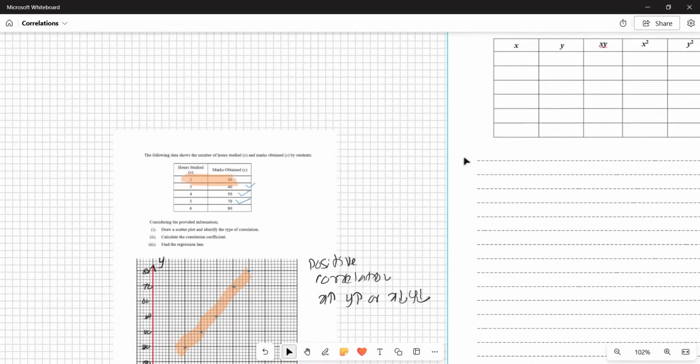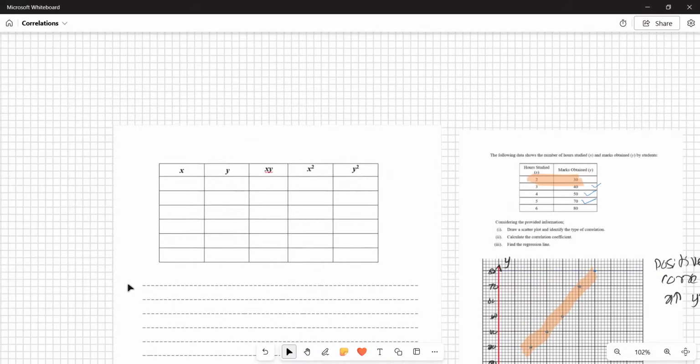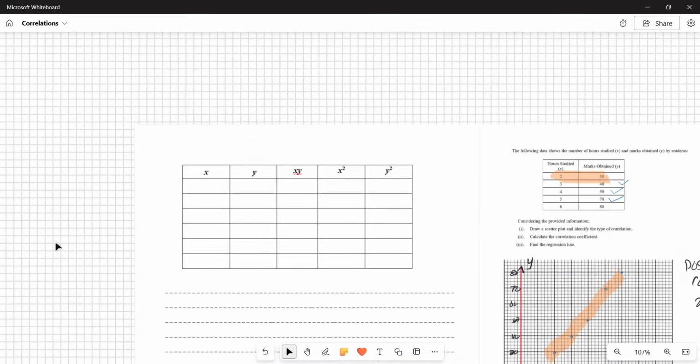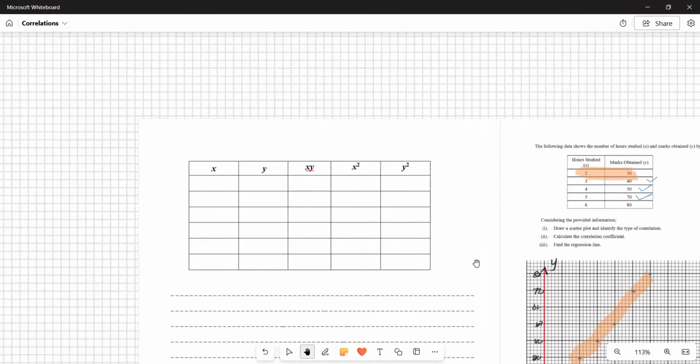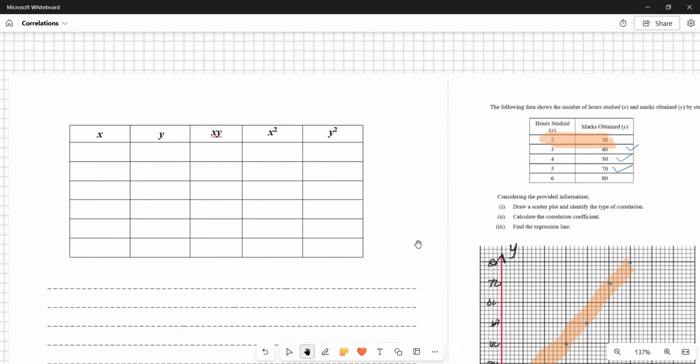I need to get the second part, correlation coefficient.